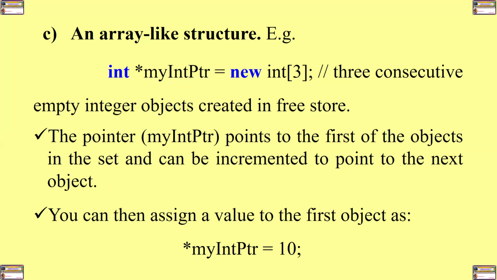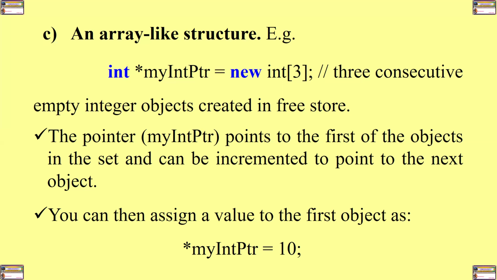And because our pointer called my int pointer has been initialized with the memory address of the array that we have just created, you can use the pointer to indirectly assign a value to the array.